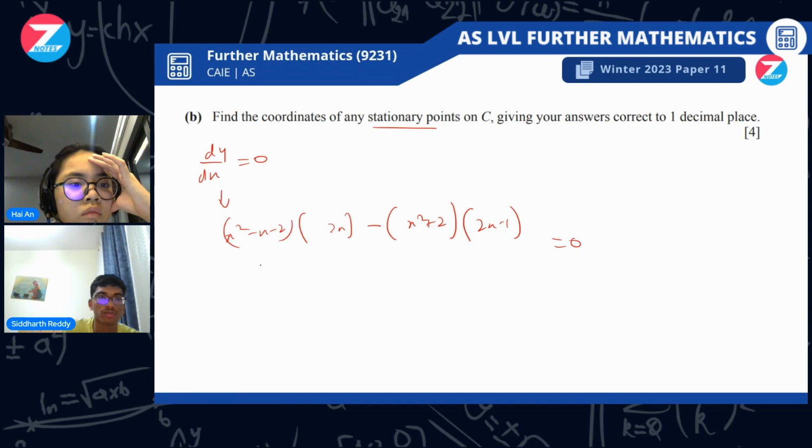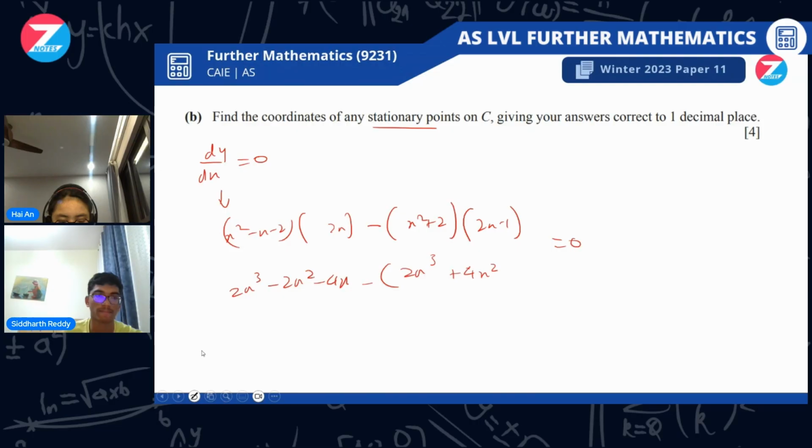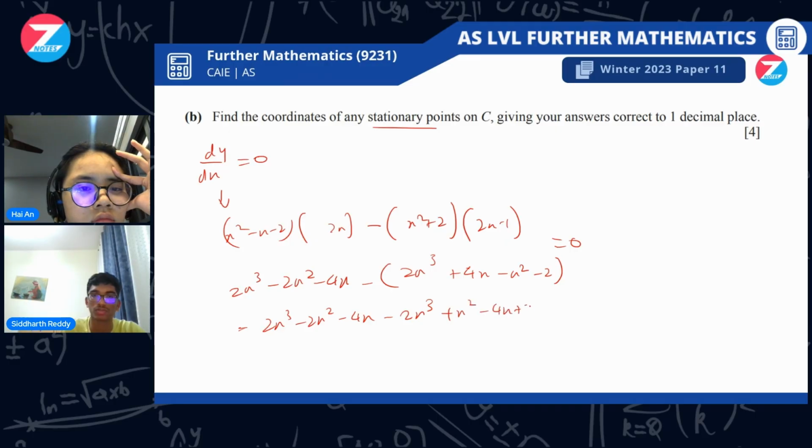This part becomes 2x cube minus 2x square minus 4x, minus 2x cube plus x square minus 4x plus 2, is equal to 0.